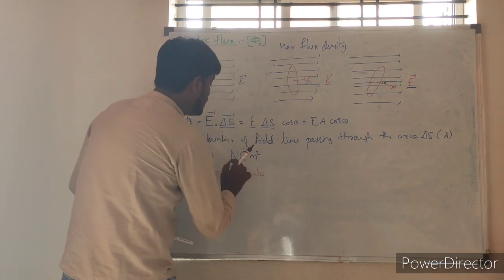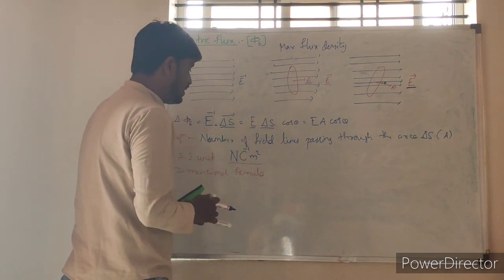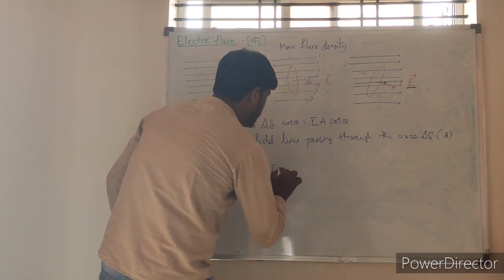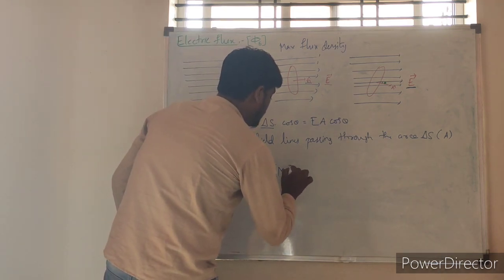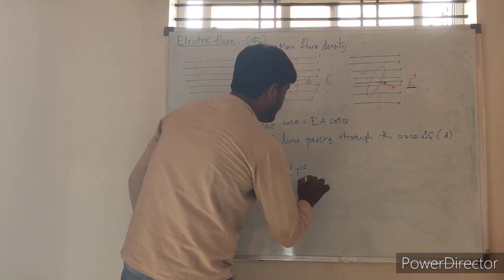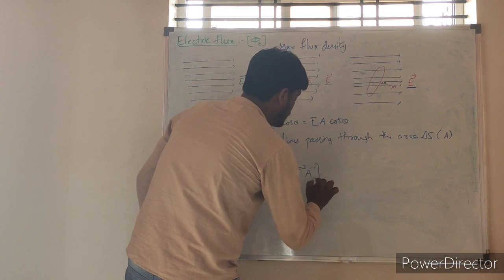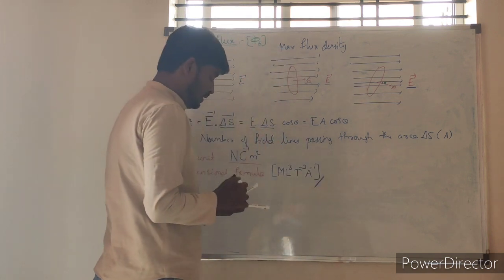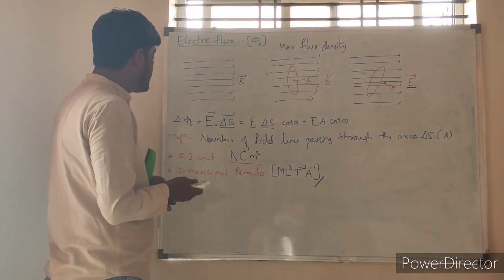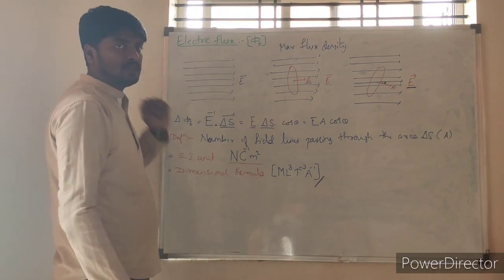Very, very important. Newton per coulomb meter square, and the dimensional formula is M L raised to 3 A raised to minus 1 T raised to minus 3. So these are some points regarding the electric flux.